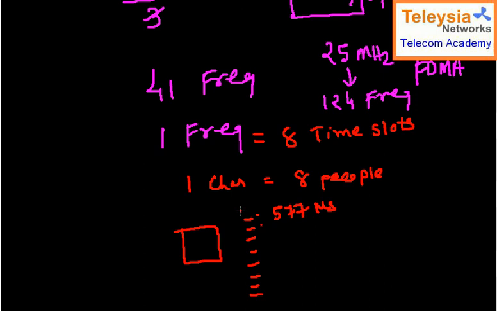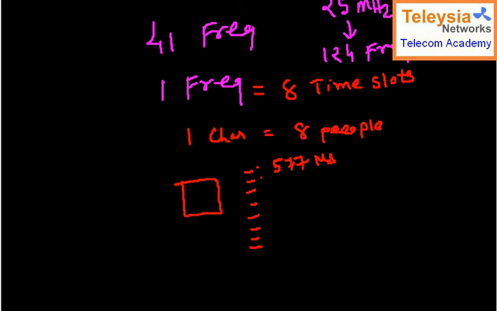Just like here, the first user comes, and then he stays there for 577 microseconds, and after that he has to vacate. So I say the first user, then the next user will come, the second user, third user, fourth user, fifth user, 6, 7 and 8.